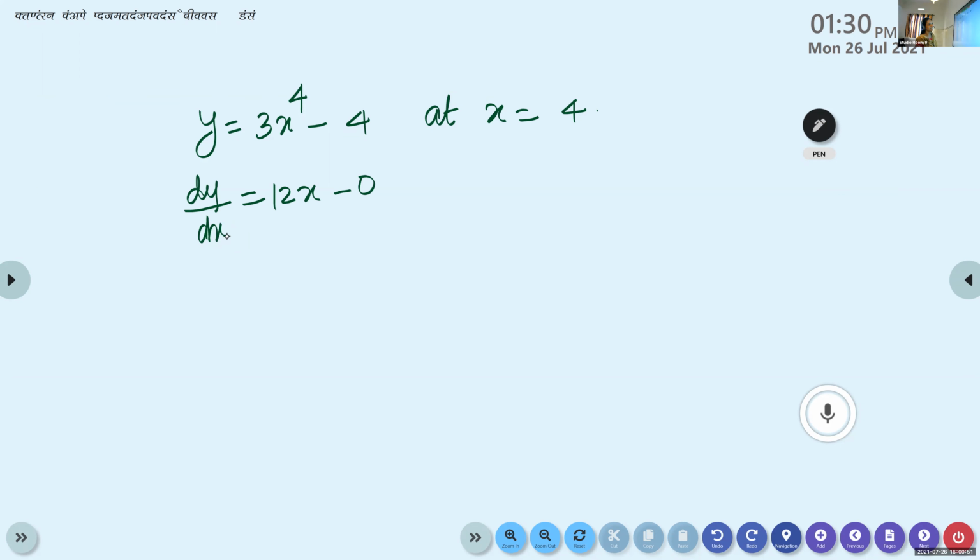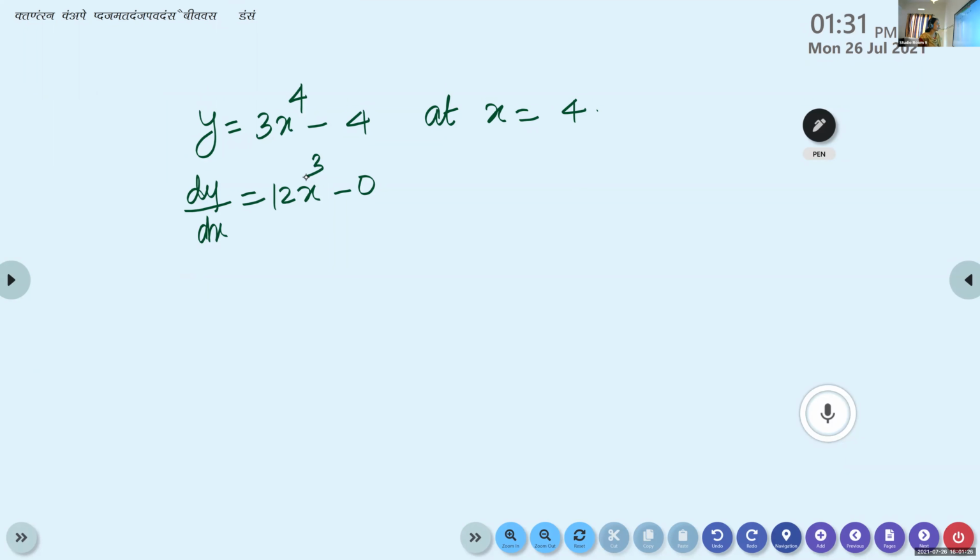Ashwin, is it correct? Yes, ma'am. Achyut? It's 12x cube. Is it correct? Which one is correct? We have to put the derivative in the front and reduce the power by 1.